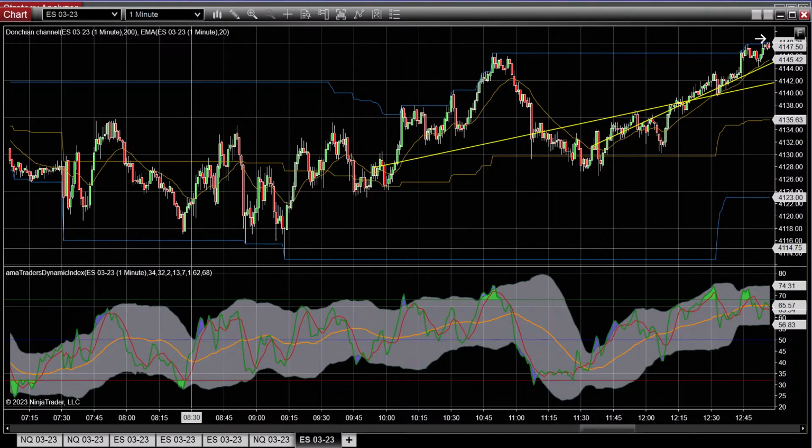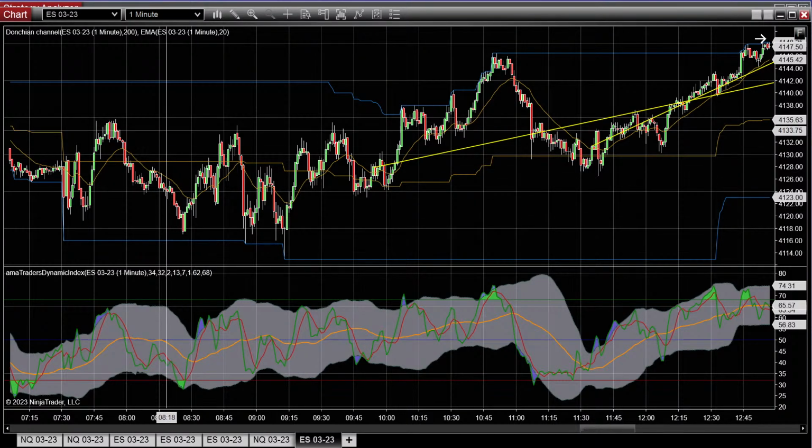Well, in this scenario, the 3 crossing above the 12 is just our trigger that we look for after something else occurs, because that trigger can occur after countless patterns.